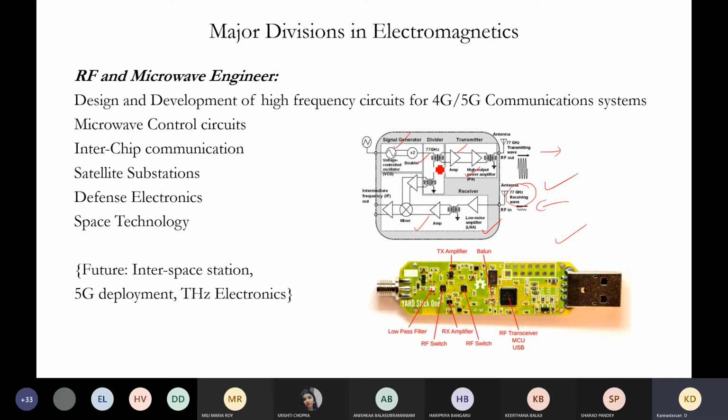This all operates straight away at 77 gigahertz. At 77 gigahertz, how do these electronic circuits operate, how do we control their behavior, how do we synchronize them? You can see here some amount of signal is tapped and compared at the end. This simple circuit is going to be a simple chip.